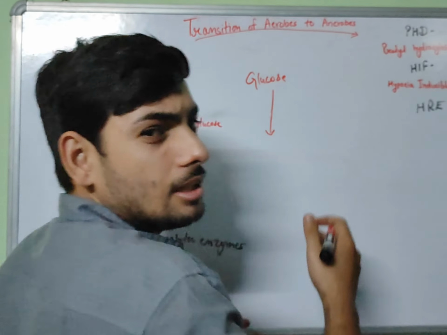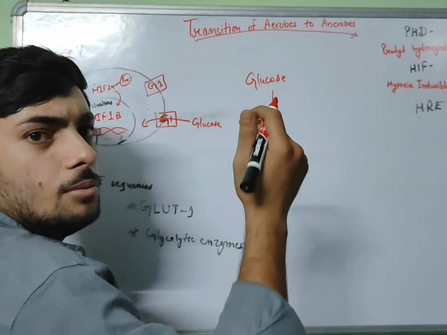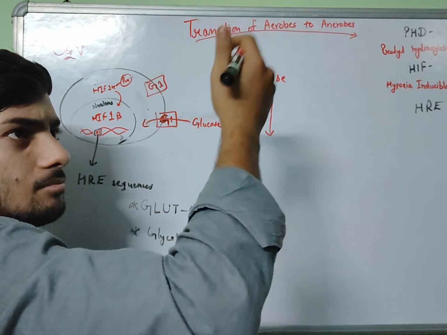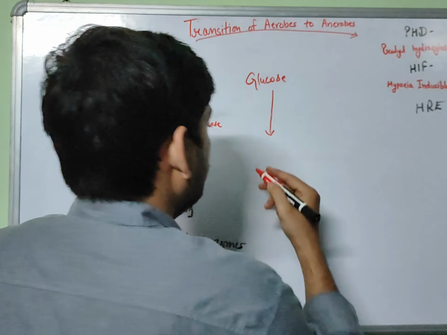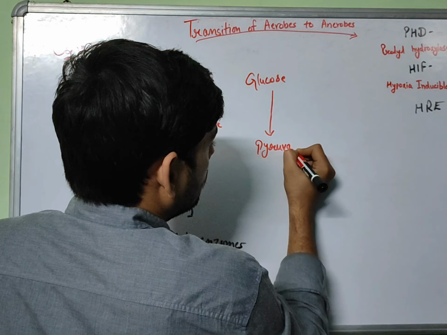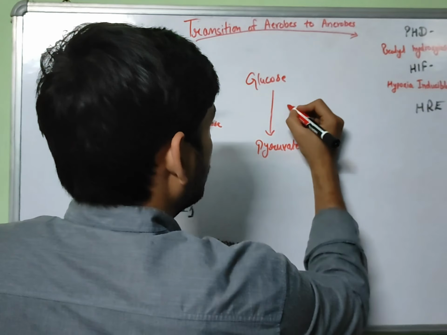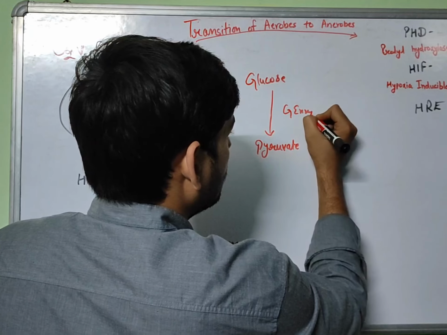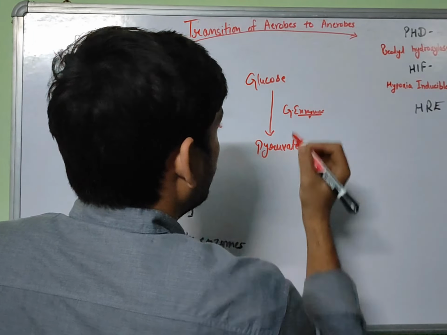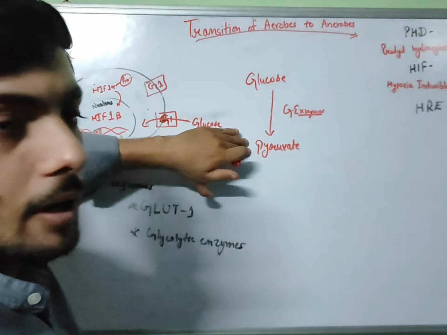You know all the pathways, like glucose 6 phosphate, fructose 6 phosphate, fructose 1,3 bisphosphate, and then glyceraldehyde phosphate, etc. At last it will convert to pyruvate. So glycolytic enzymes will work here so that glucose gets broken into pyruvate.